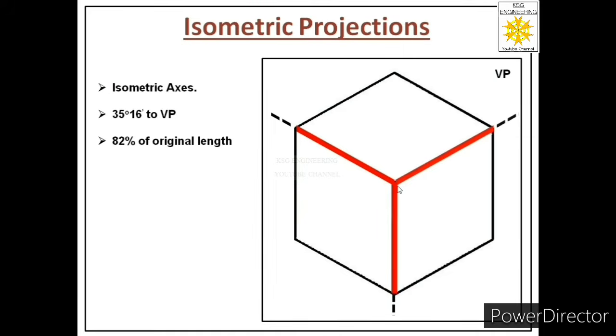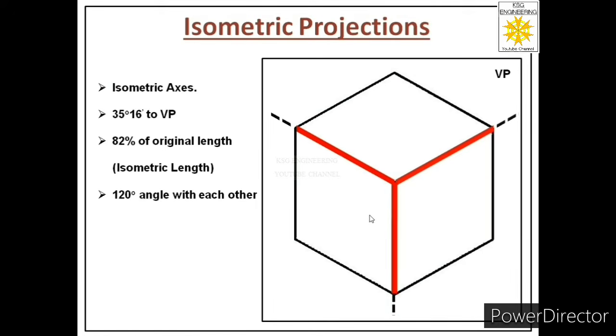So we see only 82% of the actual size of the edge. If the actual length of this cube is 50 millimeters, then we will see only 82% of that value. So in isometric projections, we see only 82% of the original length. And these lengths so obtained are called isometric lengths, and these are 82% of the actual size.